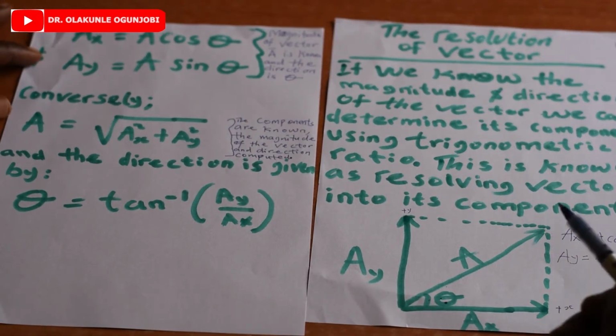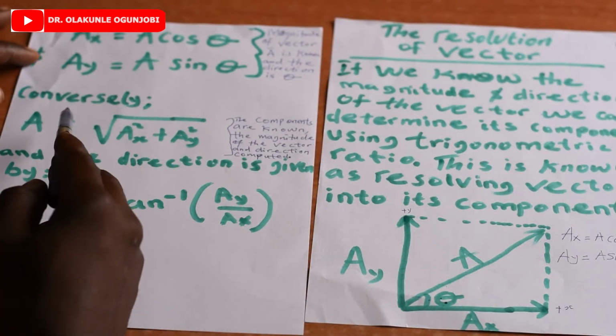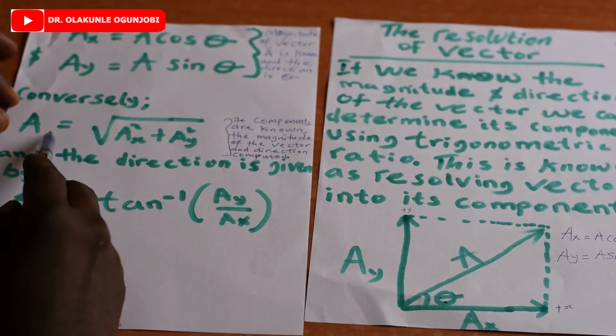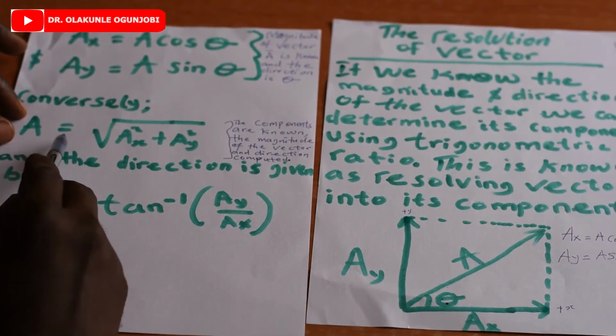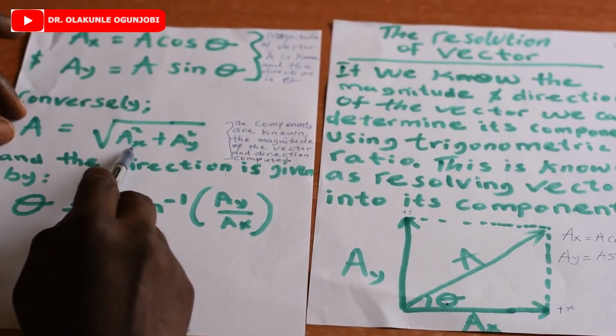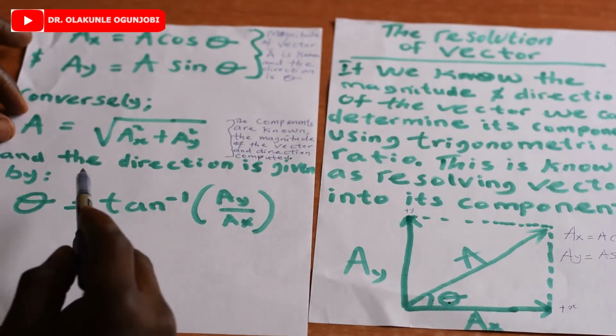Conversely, you can have the magnitude of vector A equal to the square root of Ax squared plus Ay squared.